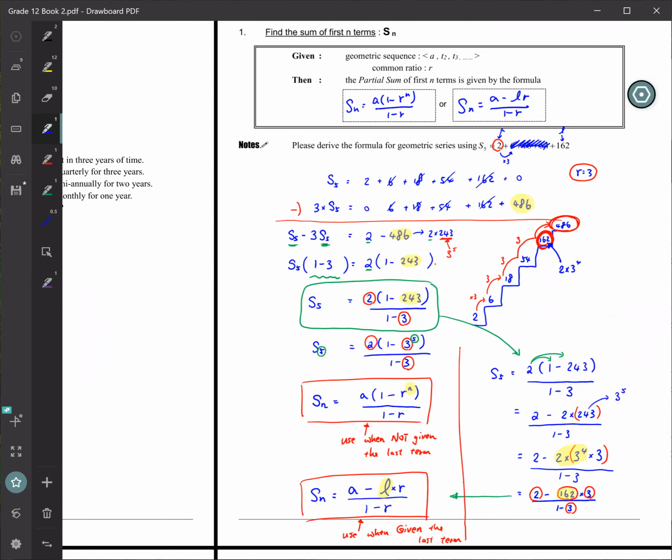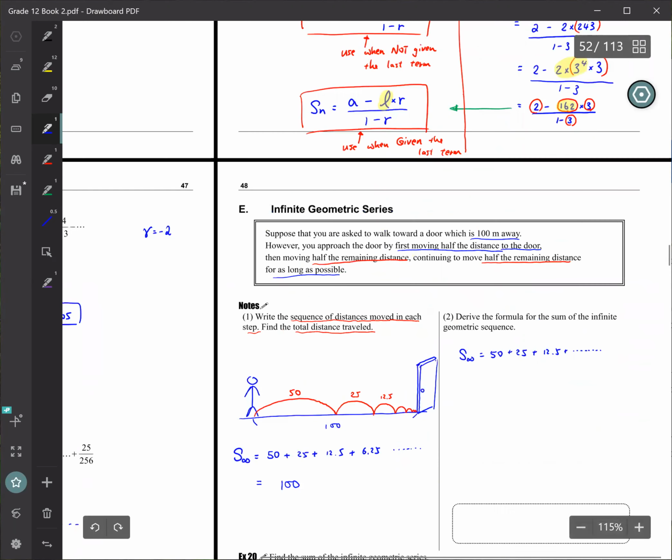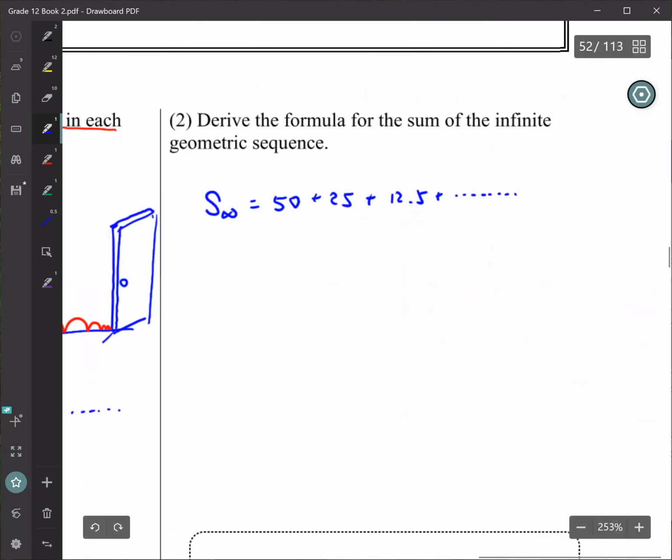So what do you think? Which formula should we apply, number 1 or number 2? Number 1, because it doesn't have the last term. Very good. We don't know the last term, so let's apply the first formula.